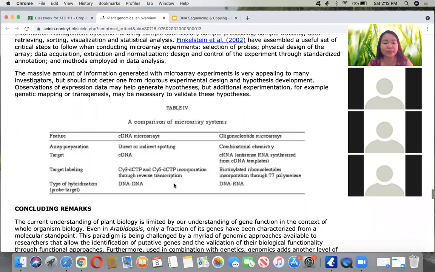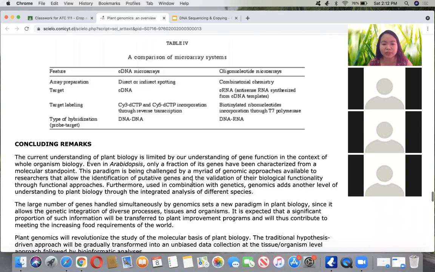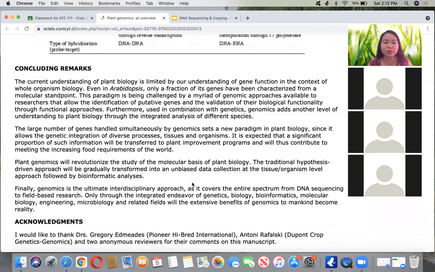This table will show a comparison of microarray systems. We have cDNA microarrays with direct or indirect spotting, and oligonucleotide microarrays. We will not deal so much with that. As a whole, you just have to understand the gene function in the context of the organism biologically.